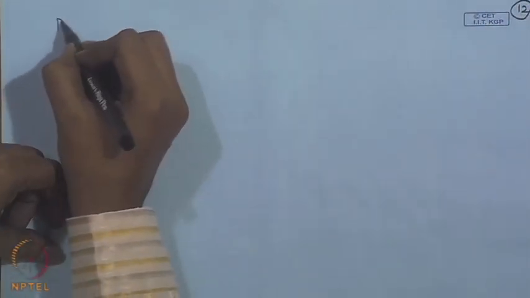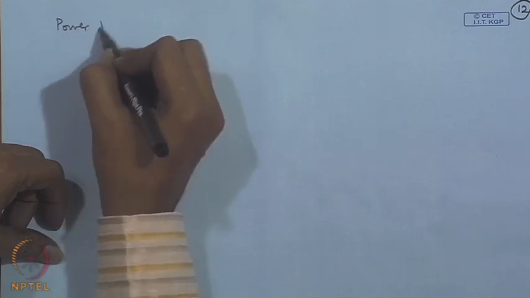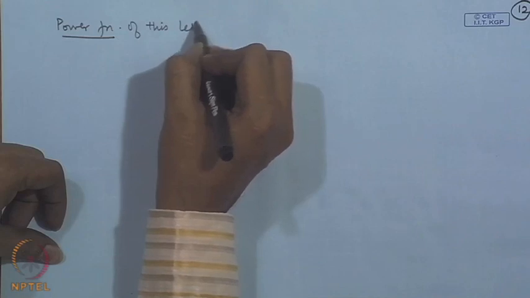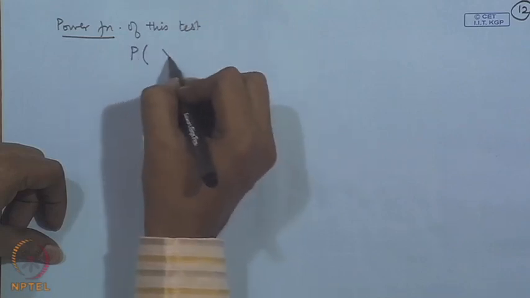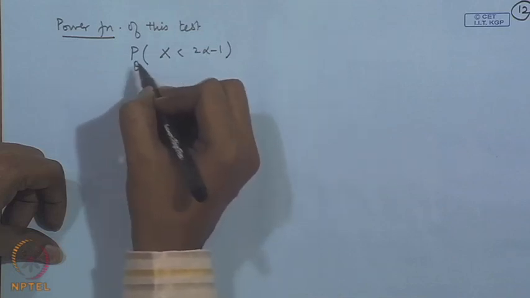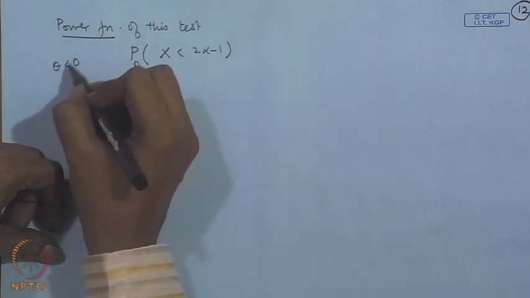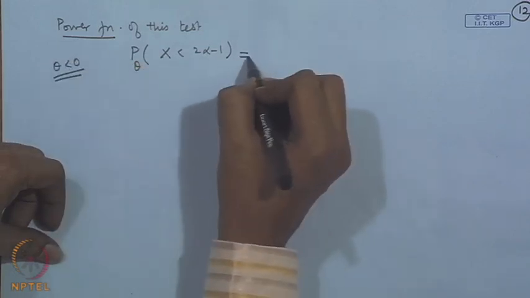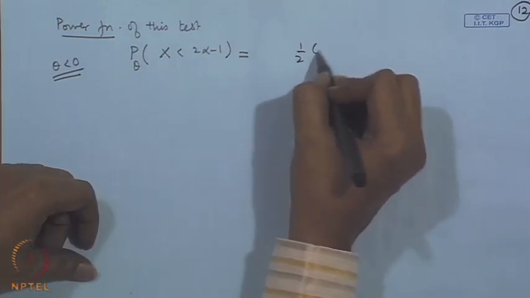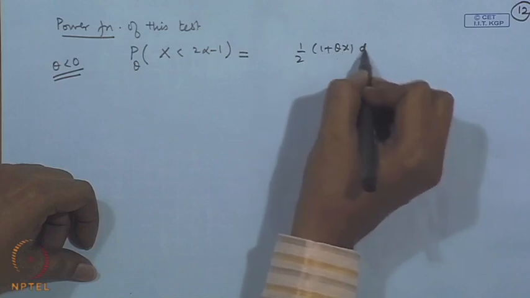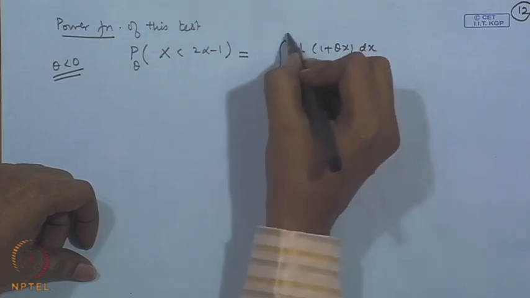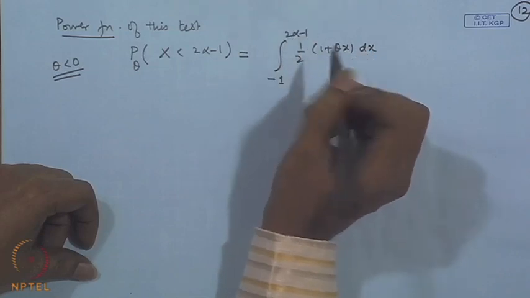Let us also consider power function, that is probability of x less than 2 alpha minus 1 for theta when theta is less than 0. So, in this case the density is half (1 plus theta x). So, we integrate from minus 1 to twice alpha minus 1.